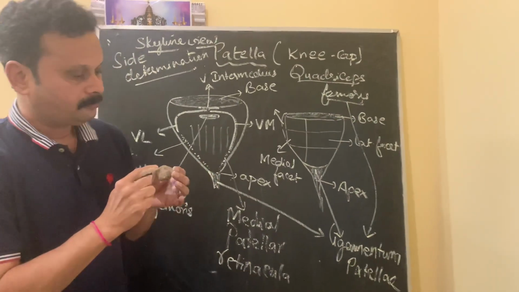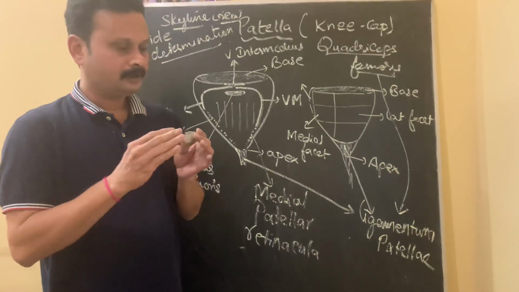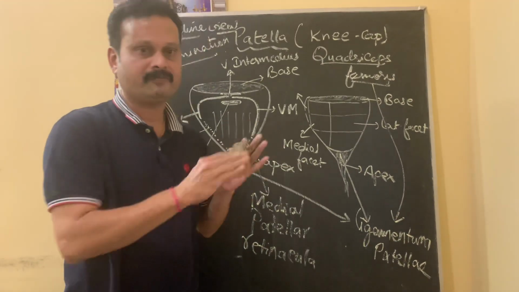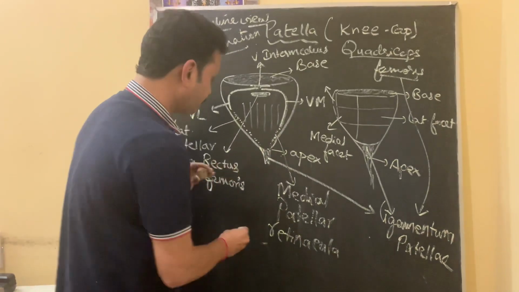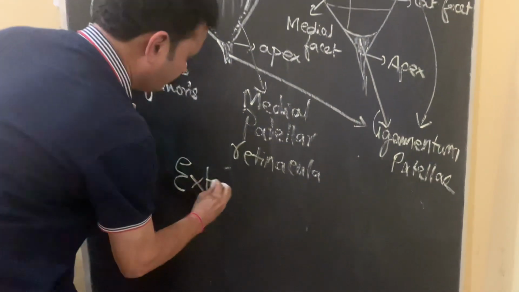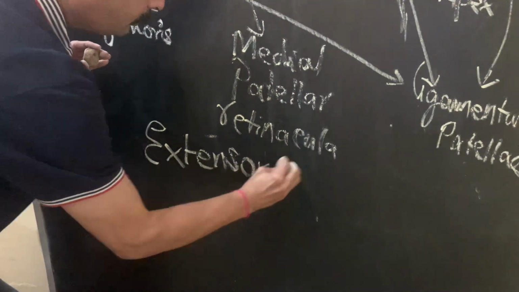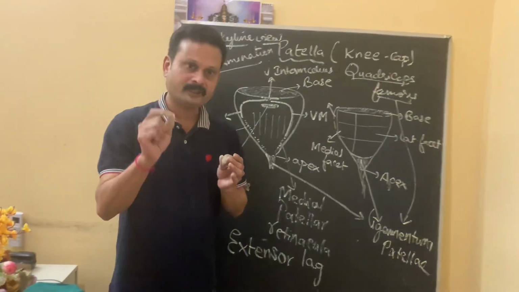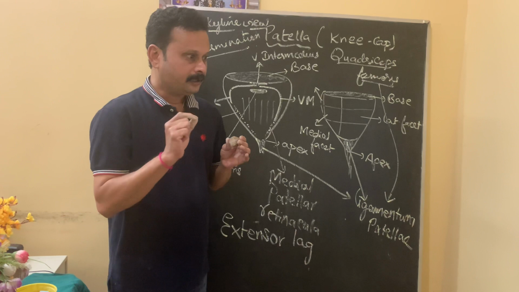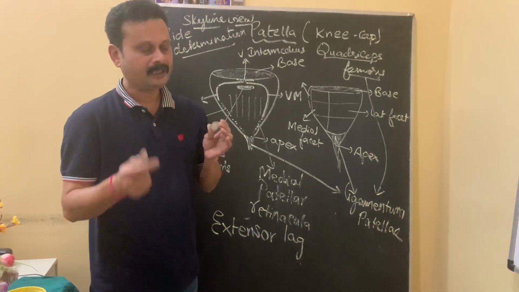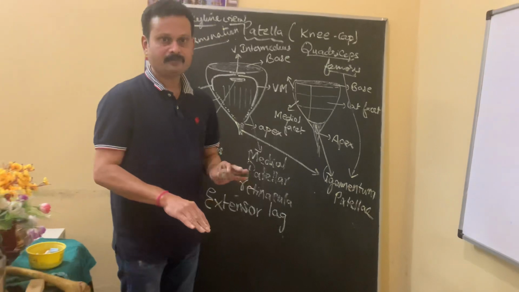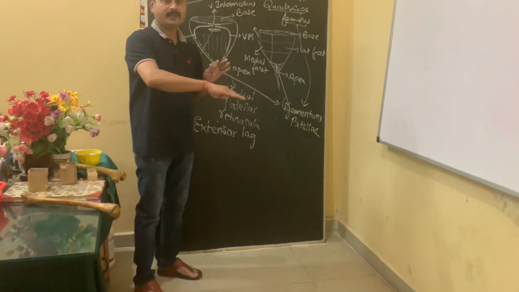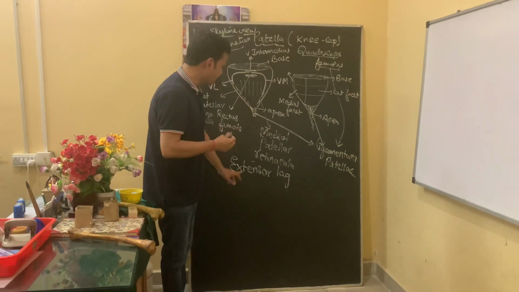Next, the patella can be fractured in multiple fractures of the patella, or even in patellectomy. When the patella is removed, it results in extensor lag. Which means, although it is a part of the knee joint, when the patella is removed, in the sitting position, if you try to do extension, complete extension of the knee cannot be done with ease, and that is called extensor lag.